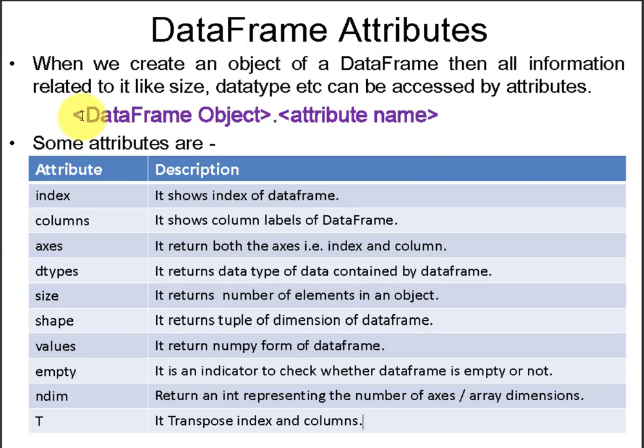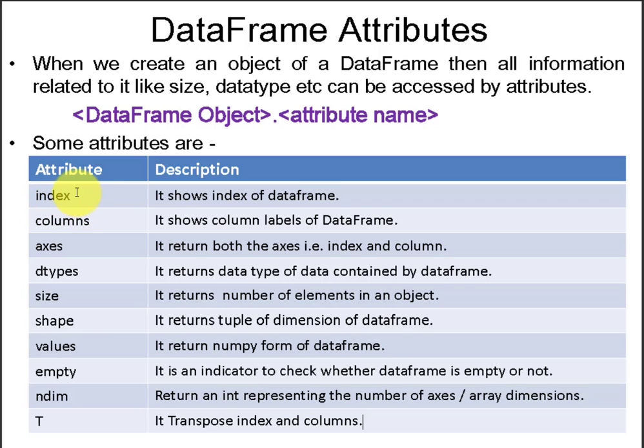So this is the simple syntax. First the data frame object name, then the dot operator, and then the attribute name. So here we have some attributes, and which type of operation will be performed by which attribute is written in the description.